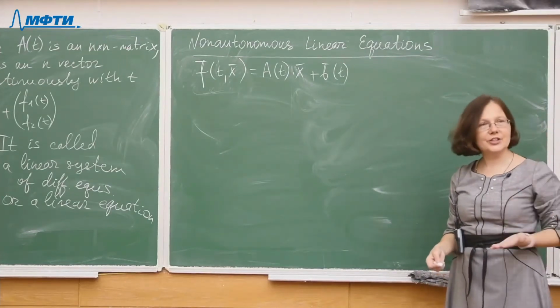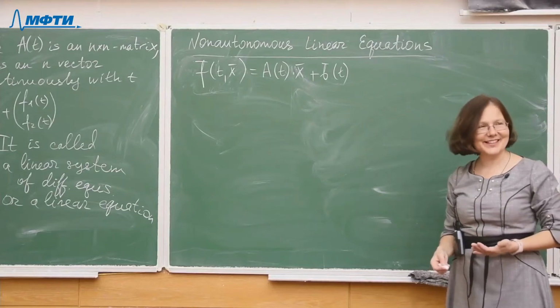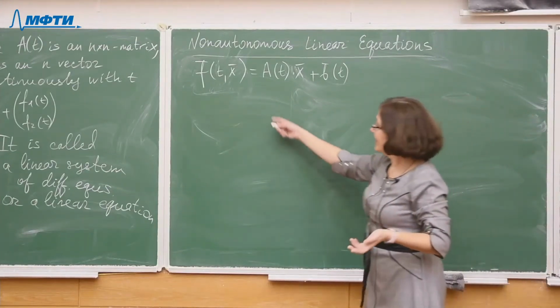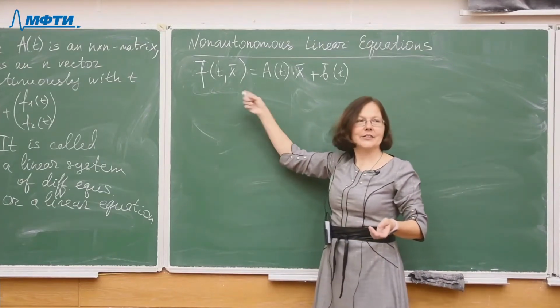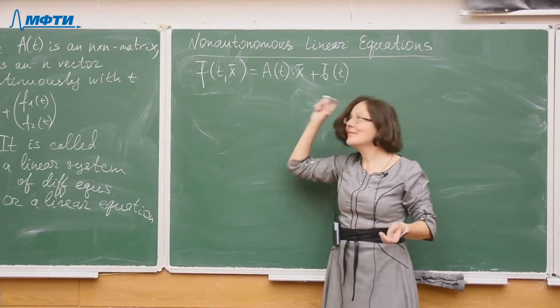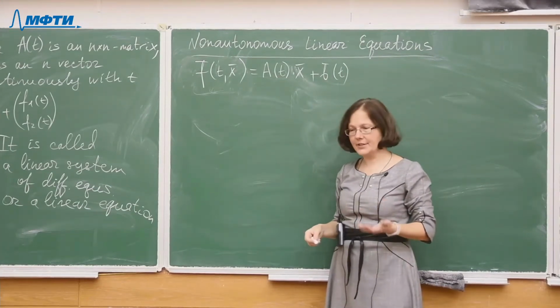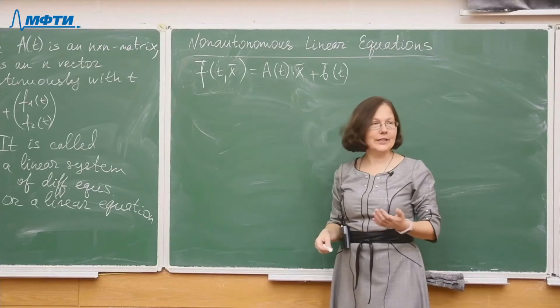Is it continuous in x? Yes, this function is continuous because a of t and b of t are both continuous functions. And is it locally Lipschitz in x?